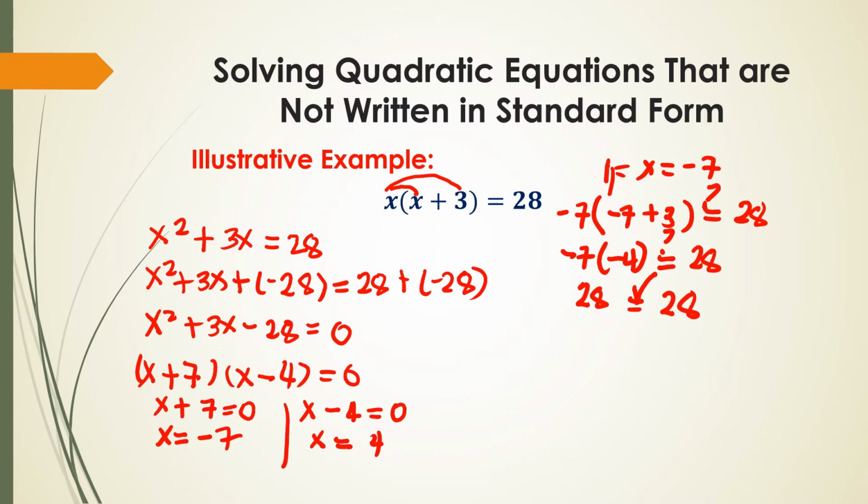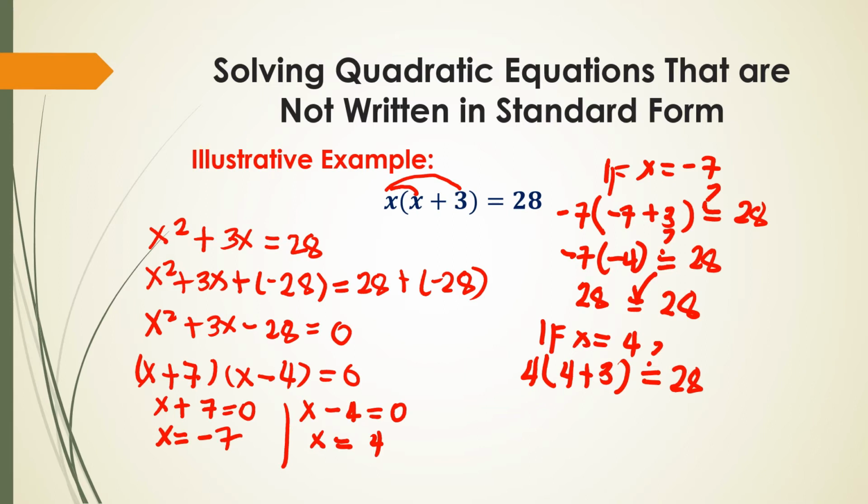Okay? Now, let's use 4. So, if x is equal to 4, substitute ulit natin. So, 4 times the quantity 4 plus 3, is it equal to 28?